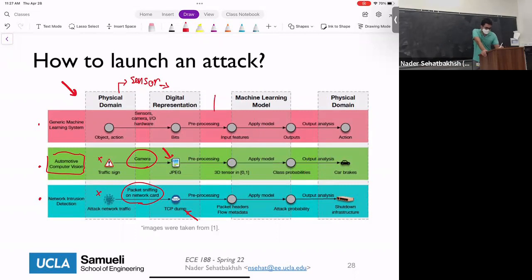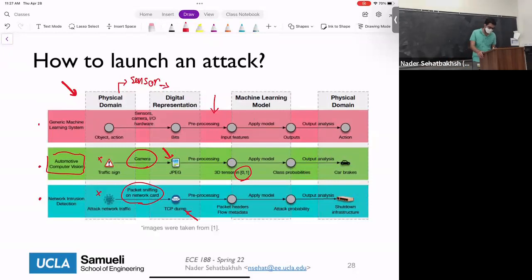Then we typically do some sort of pre-processing. This is an optional part, but most of the time we do it. For example, for the image, we normalize everything between 0 and 1. If the numbers are between 0 and 255, we normalize them between 0 and 1. We may or may not do it.